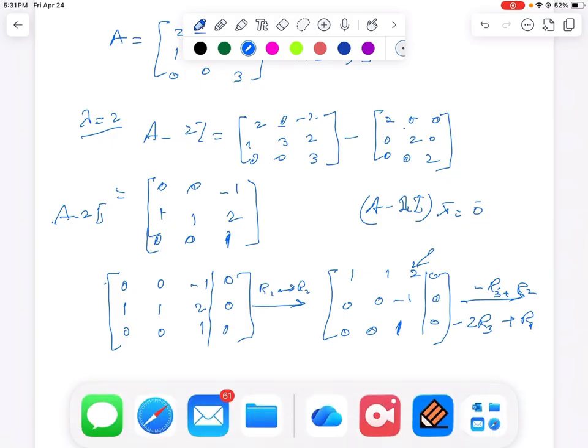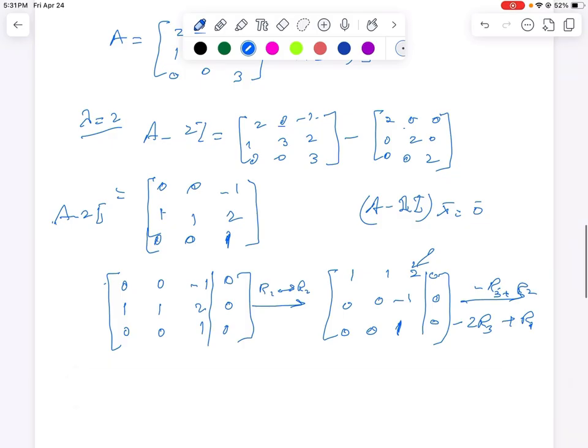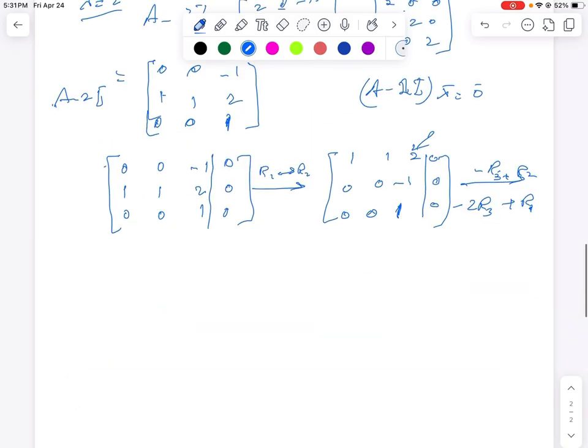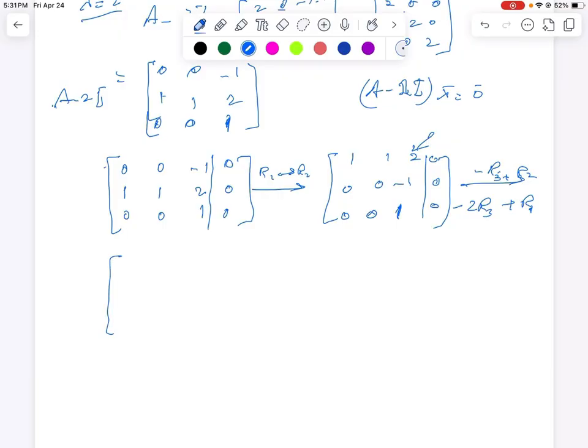which gives us the first row becomes 1, 1, 0. Second row becomes 0, 0, 0, and the last row 0, 0, 1.